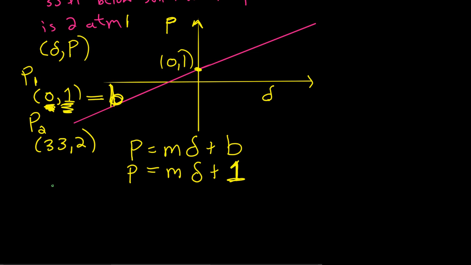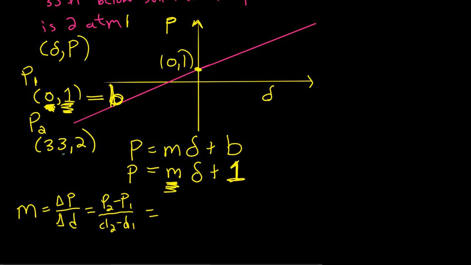All right, so the only thing left for our equation is to find m. And so m is the change in my y values, which in this case is pressure, over the change in depth, my x values. So this would be P2 minus P1 over D2 minus D1.